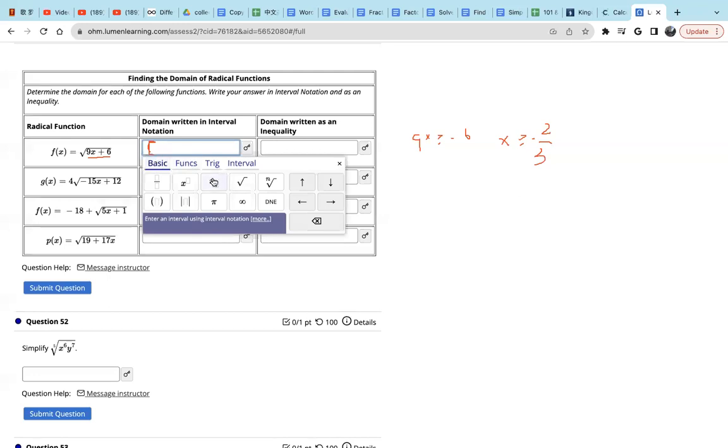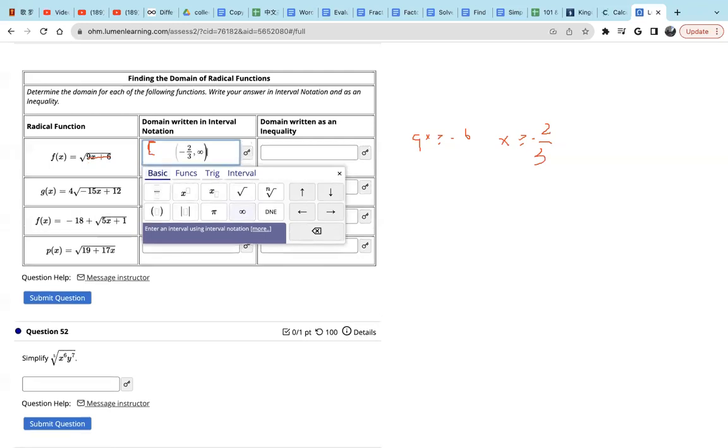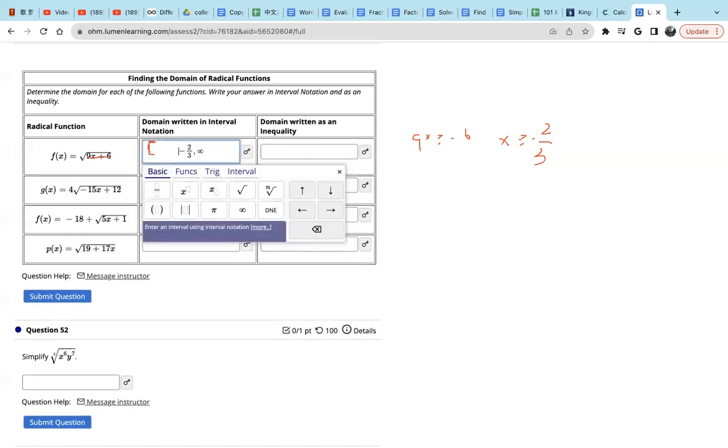Oh, I can't do this. -2 over 3 up to infinity. Yeah, but this is not this parenthesis. This will be a bracket. Where can I find the bracket?